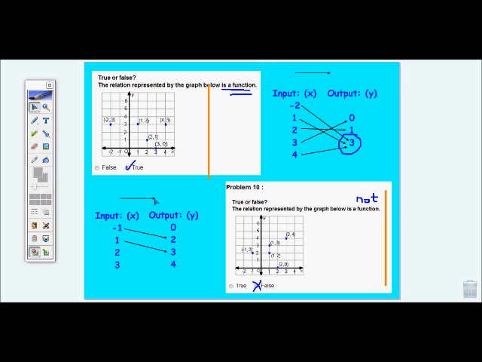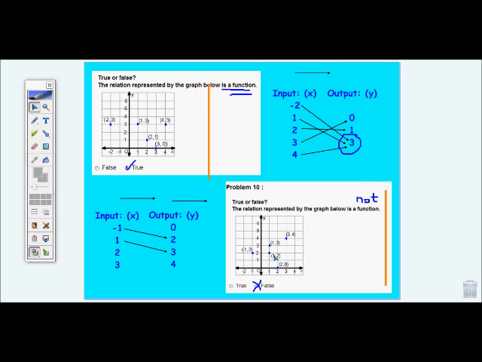Our next one, I might go up to the other arrow. That one's being kind of a pain. My clone's there. The next point is 2. And 2, oh, I'm sorry, I'm on the wrong graph here. -1 went to 2.